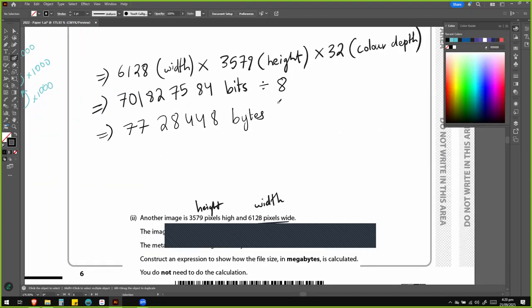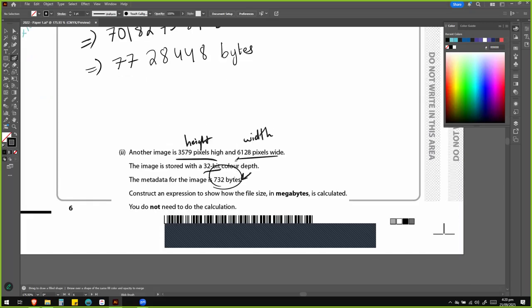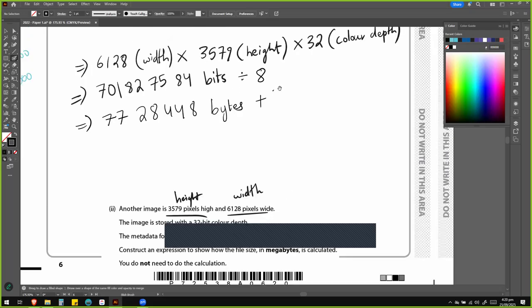Okay, now that we have it in bytes, we can now work with this extra information that they gave us, 732 bytes. We will add the 732 bytes here. Oh, sorry, this was an 877.